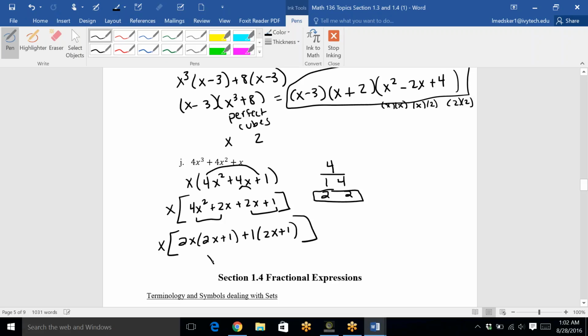And note this time that we get the x out front because of our GCF. We get a 2x plus 1 from the matching parentheses, and we get another 2x plus 1 because of the parts out front. So this one is actually x times 2x plus 1 squared. And that's it for the 1.3 part.